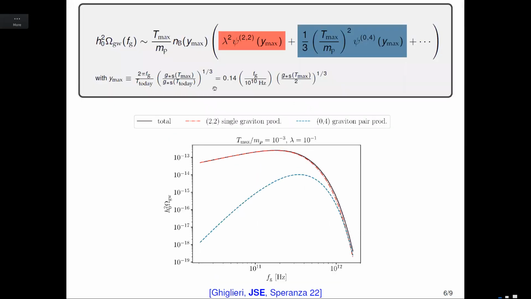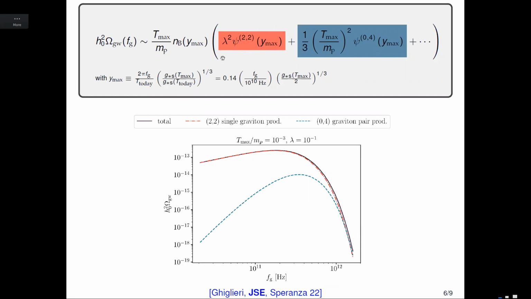Okay, so here's actually the gravitational wave spectrum. I'm showing this omega GW, which is basically the energy density per logarithmic frequency interval. And it has 2 lowest order contributions, from graviton pair production in blue and from single graviton production in red. These psi functions here and here, you obtain them by calculating the matrix element squareds and performing the phase-space integrals.